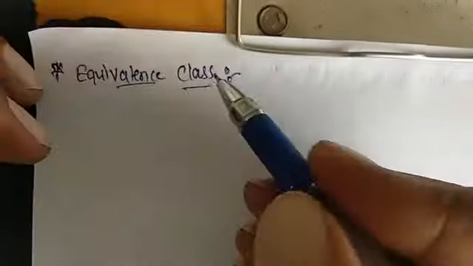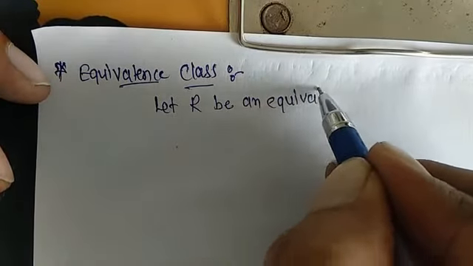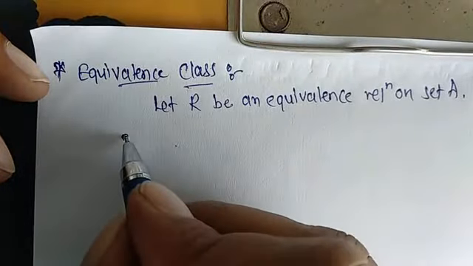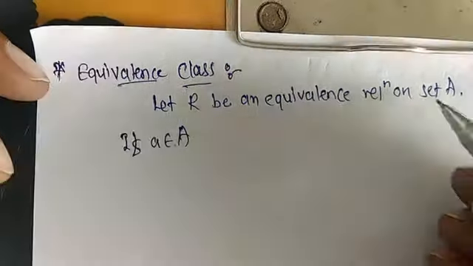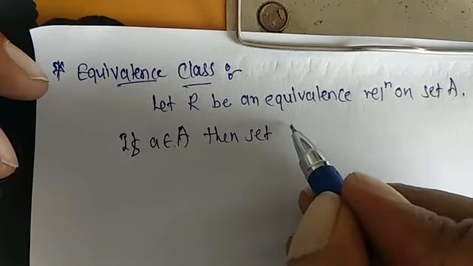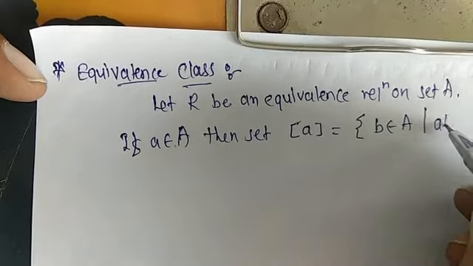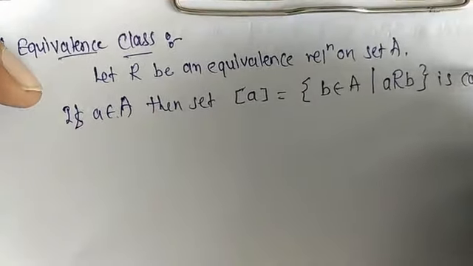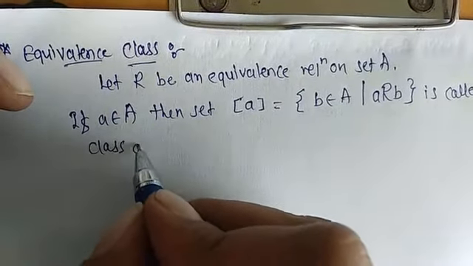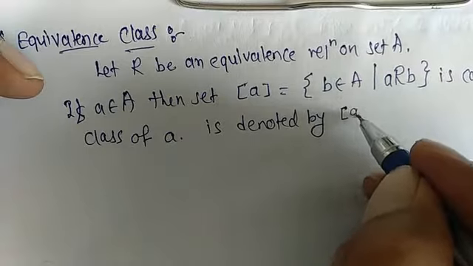Now equivalence class is defined as: let R be an equivalence relation on a set A, and if a belongs to A, then the set of all b belonging to A such that a is related to b is called the equivalence class of a, and is denoted by square bracket a or a bar.